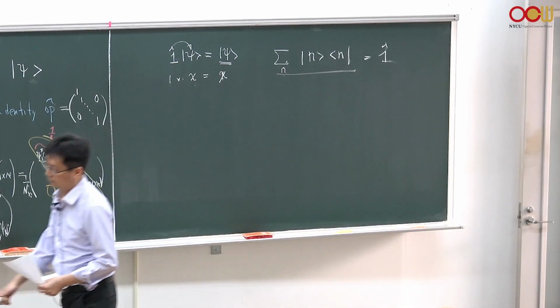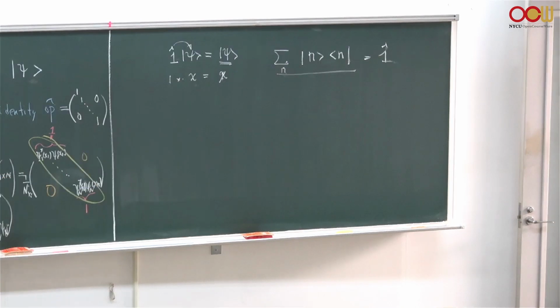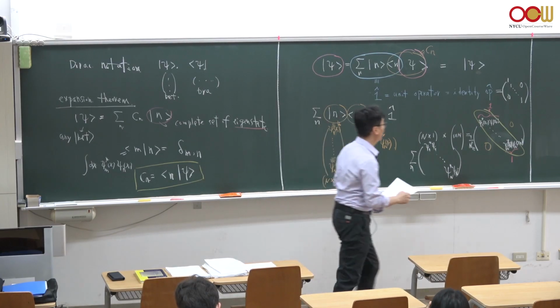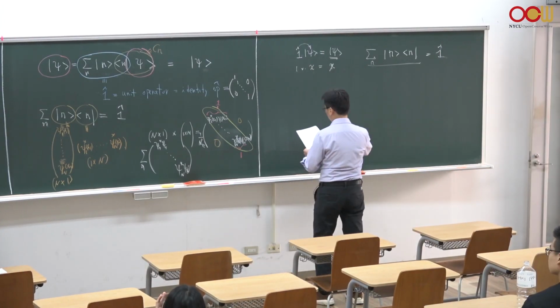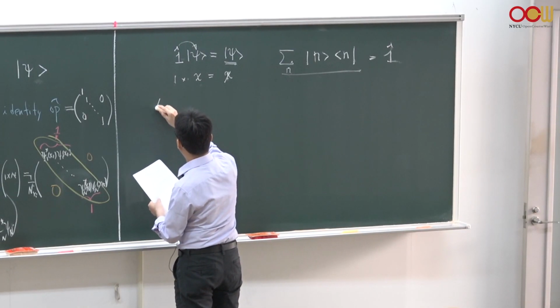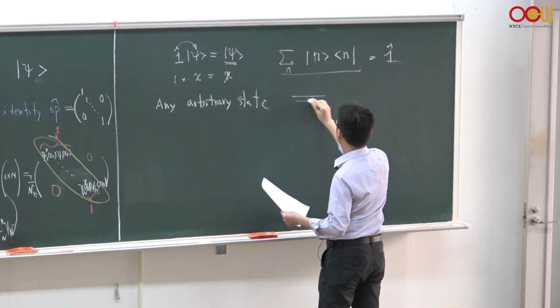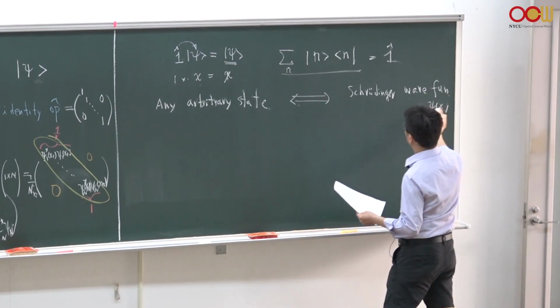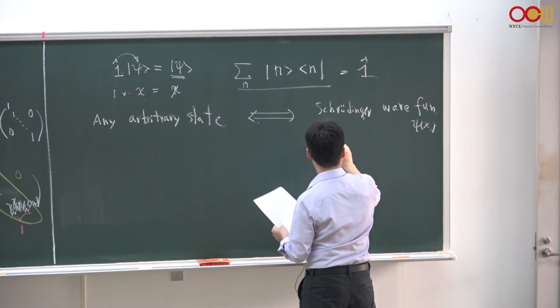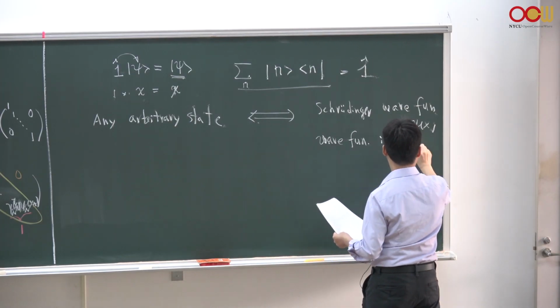And then we could re-express this, we could take advantage of this, and we could understand the difference between any arbitrary state and the Schrödinger wave function or wave function in momentum space.